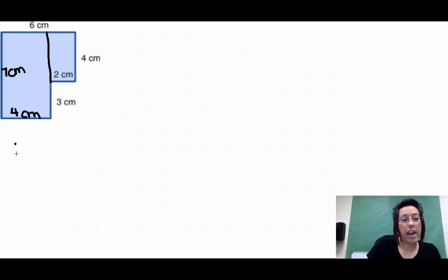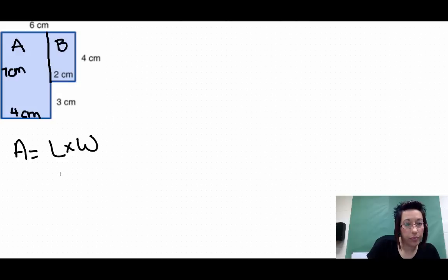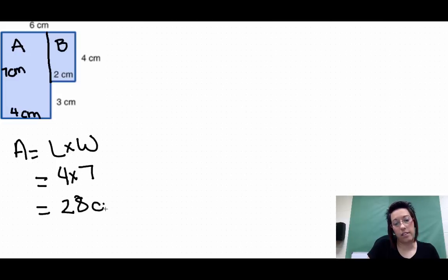So to find the area of this big shape, we're going to call it A, and we're going to call this one B. Length times width. So we have 4 times 7 equals 28 centimeters.